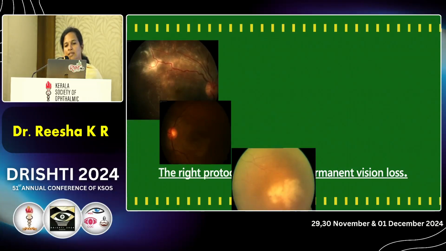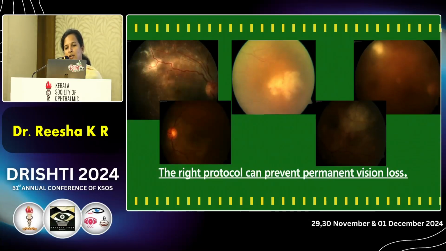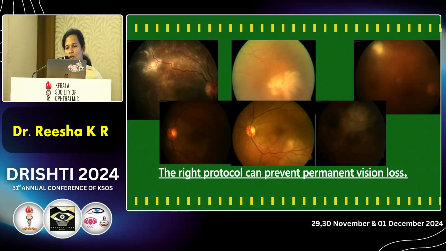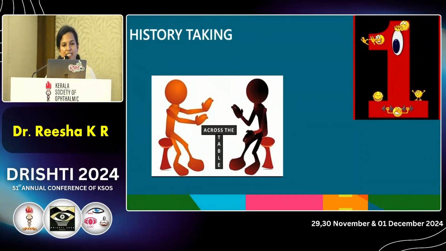No. All these cases of posterior uveitis look very similar, but they have different clinical diagnoses, and most of them are infectious. So I'll give you 10 practical tips for the management of posterior segment inflammation.